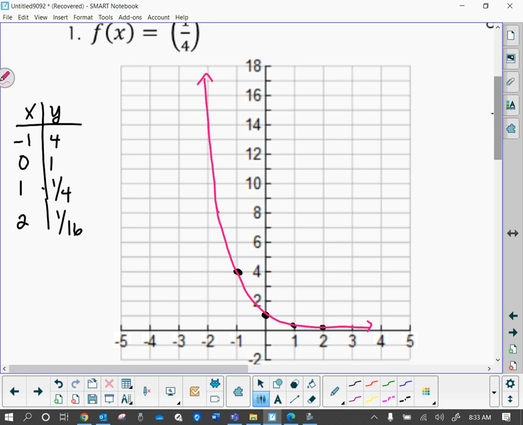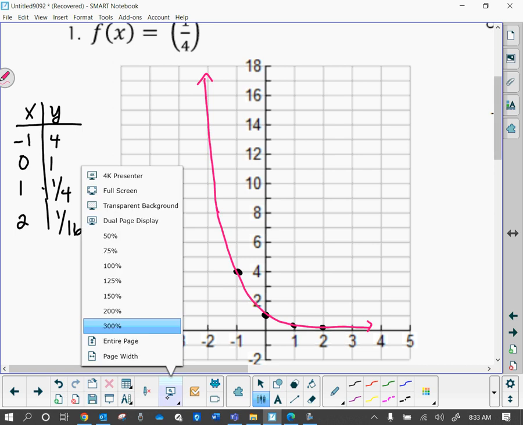Okay, so that's your graph. Guesstimate. Do your best.